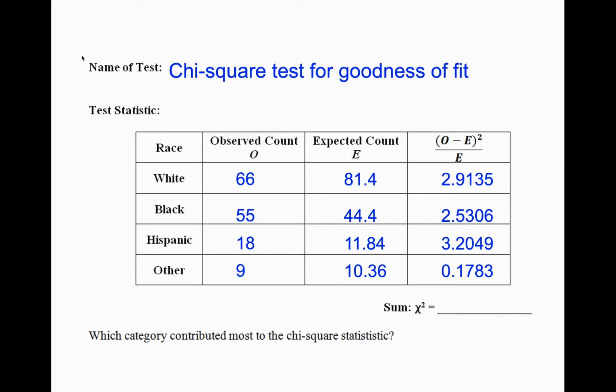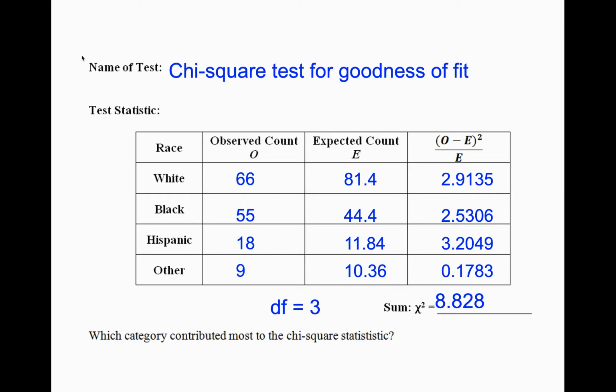But then our test statistic, the chi-squared statistic, which remember we said looks like an x squared, is the sum of those 4 different calculations. So when I add those together, I get 8.828. Now, the category that contributed most to the chi-squared test statistic is Hispanic. Let's make a note here that our degrees of freedom will be 3, because we have 4 different categories, so 4 minus 1 gives us degrees of freedom 3.